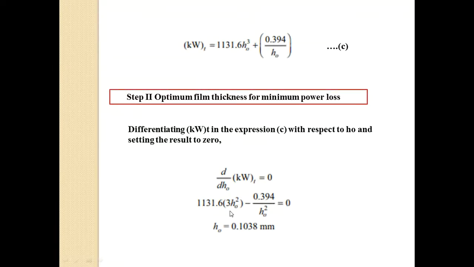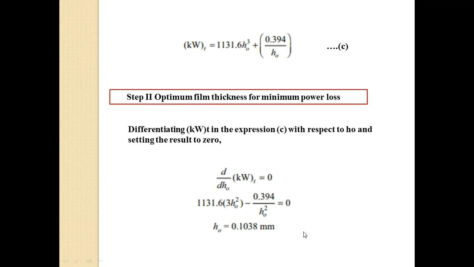So we got 1131.6 into 3 into H naught square, minus, now see here, 0.394 is a constant, as it is. Differentiation of 1 divided by H naught is nothing but minus 1 divided by H naught square, and this is equal to 0.